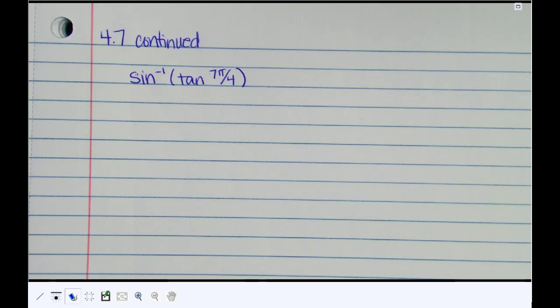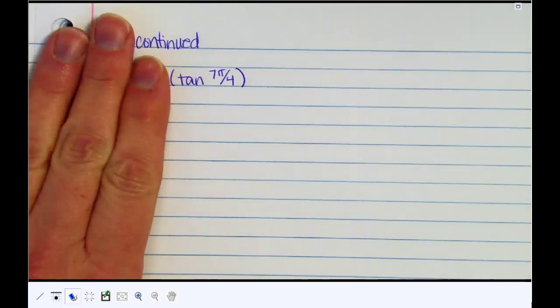Okay, so we talked about this yesterday. Do the inside first. Treat this as 2 separate problems, basically. So you're doing the tangent of 7 pi over 4, which gave you an easy one. No, so just tangent.